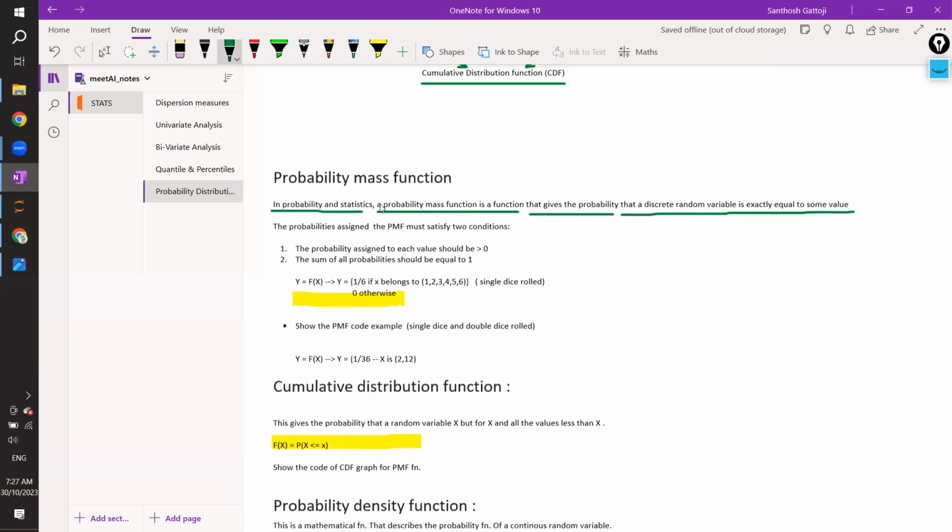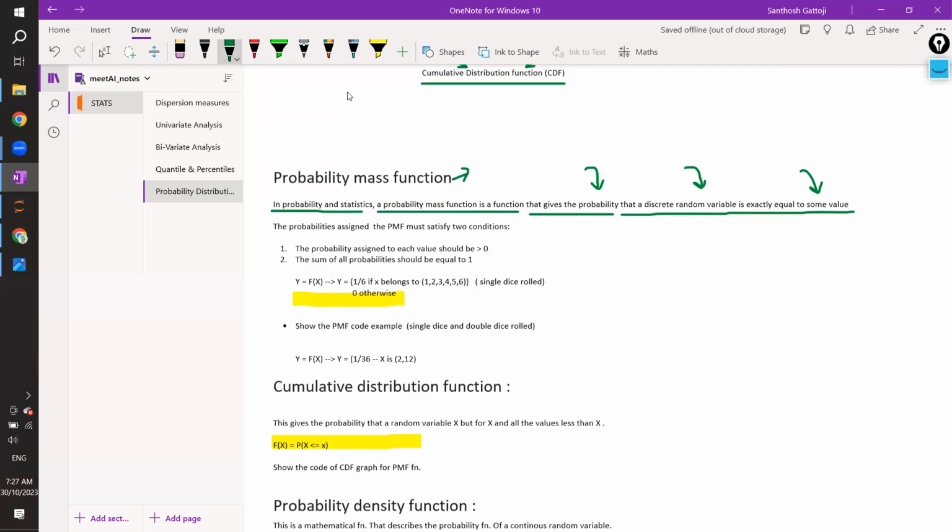This function will give you the probability that a discrete random variable is equal to some value. Earlier we manually extracted it, right? Tails 1/2, dice 1/6.